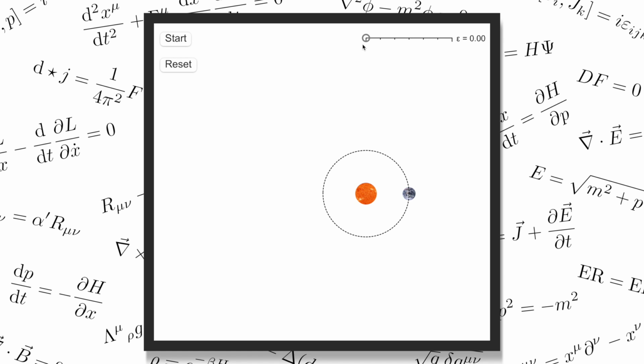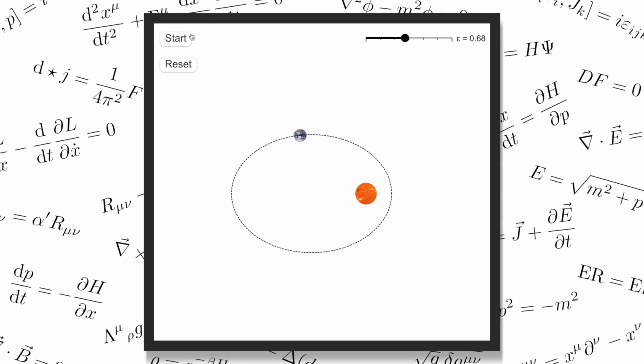Now let's dial it back down to a circle. If I press start here, what this animation does is numerically solve the F equals ma equations to determine the orbit as a function of time. And when epsilon equals 0, the planet is just going around in uniform circular motion. Now if I increase epsilon a little bit, the orbit becomes elliptical.